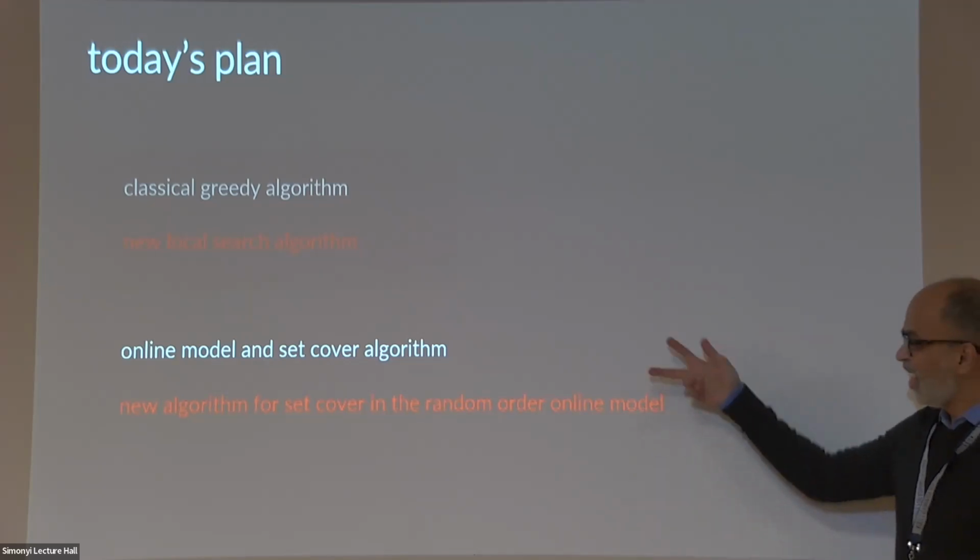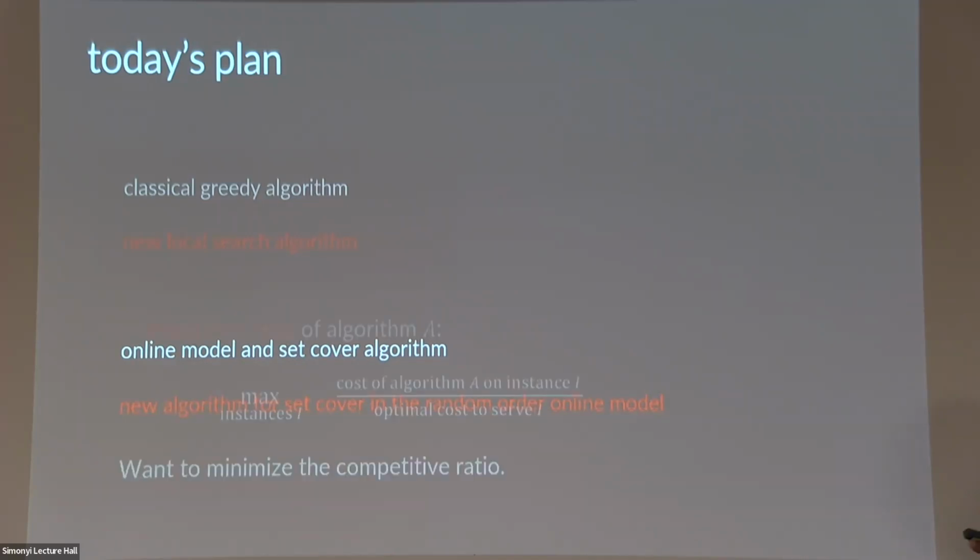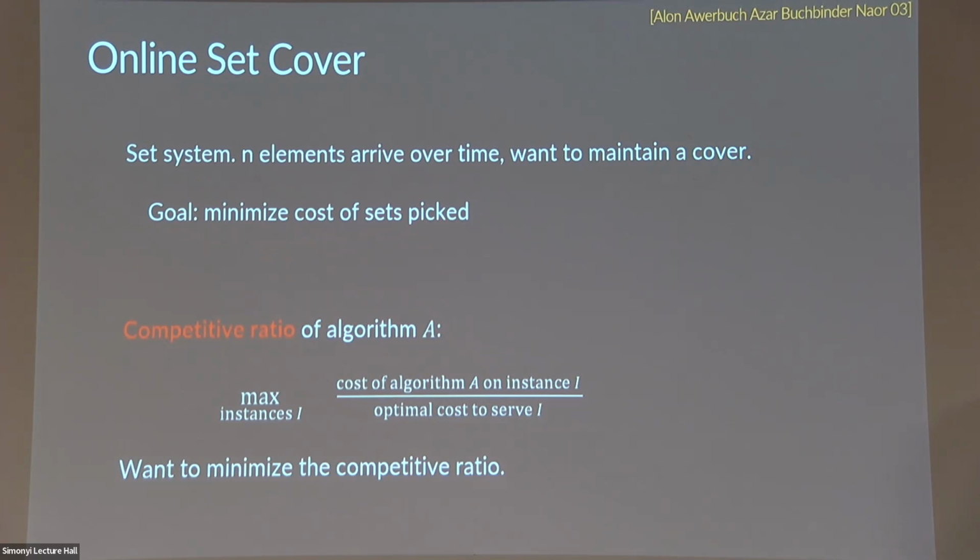So given that, let me, in the next half an hour, tell you about a slightly different problem, a different model in fact. And I'll give you another algorithm, which I personally find very cute. For this, I hope some of you have seen this notion of online algorithms.